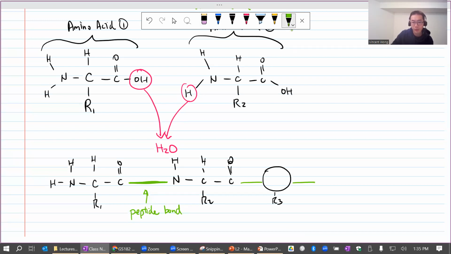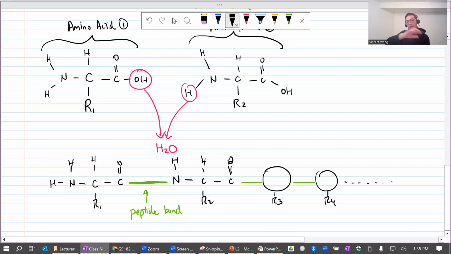And then another peptide bond, R4, so on and so forth. So you end up having a polypeptide, as opposed to a polysaccharide, that would be a sugar. This is a polypeptide, which is a protein. But both polysaccharide and polypeptide are examples of polymers, right?